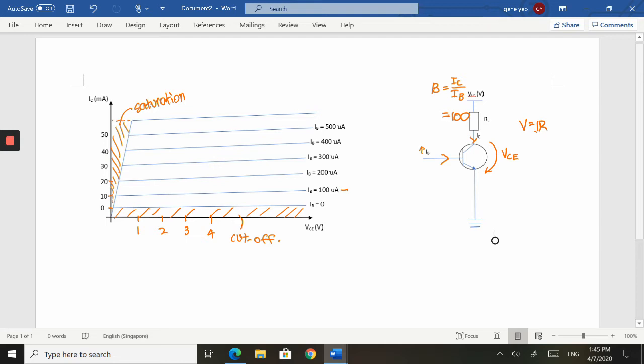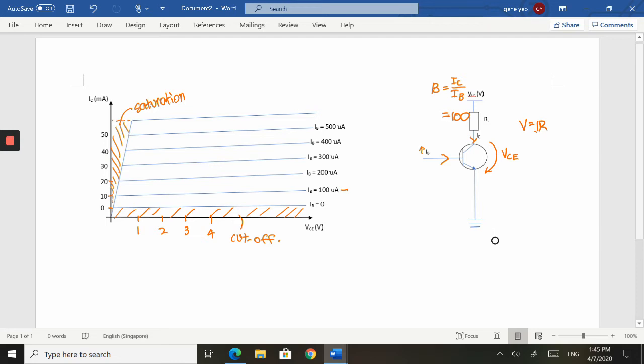So the thing to interpret in this graph is that once I have selected a base current, let's say 100 microamps, it will more or less give you 10 milliamps in the collector current. Even though I can increase my VCE, the collector current more or less stays constant. That's one piece of information that I can get from this graph.